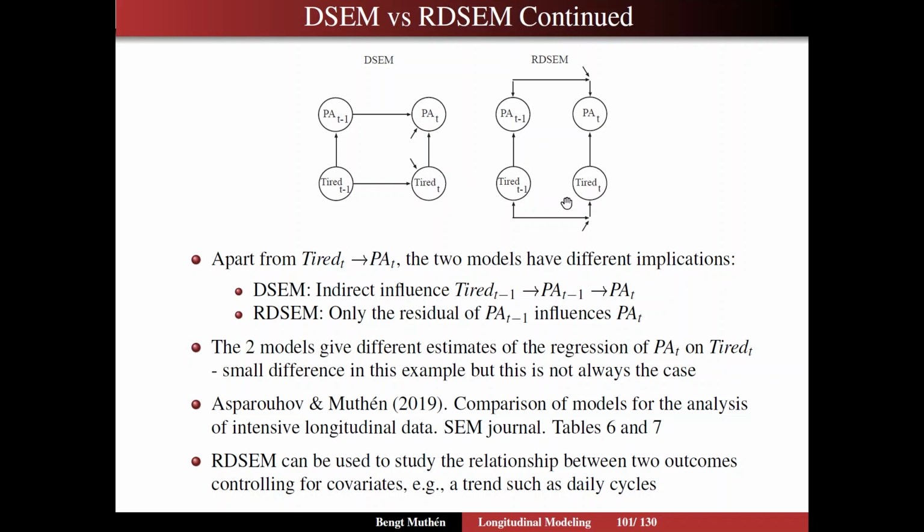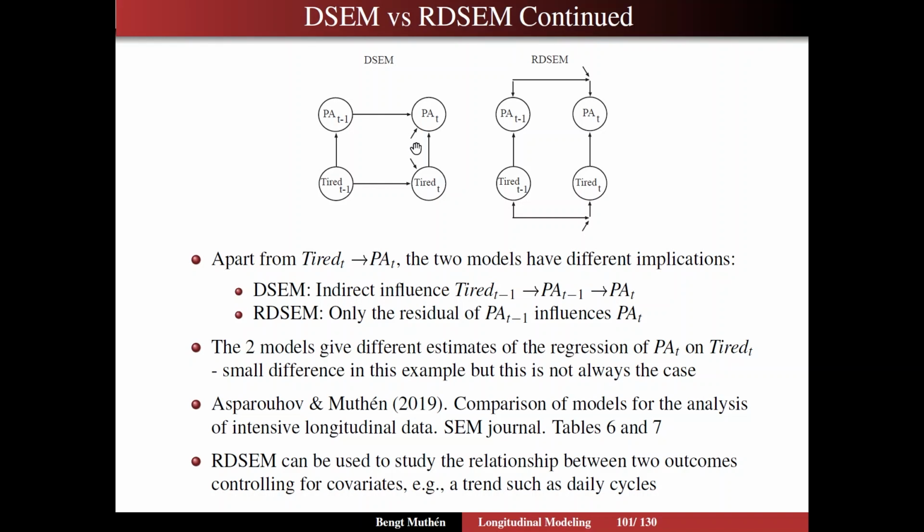You need to model the autoregression or autocorrelation of residuals for the covariate under situations of missingness and under situations of different contextual effect. That is, when we have a regression of PA on tired also on the between level. This is all for the within level, to remind you.